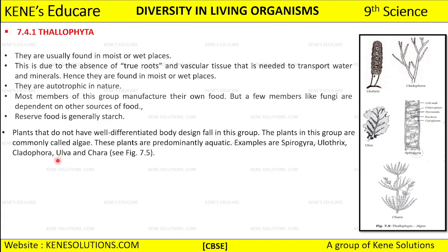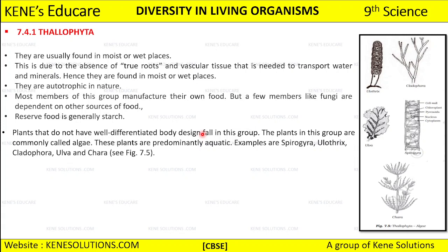So plants that do not have a well differentiated body design fall in this group. If you look at all the examples, Ulothrix, Cladophora, Alva, Spirogyra, then we have Chara. These are all the members of Thallophyta who do not have a well differentiated body design, and that is why they are included in this Thallophyta group.